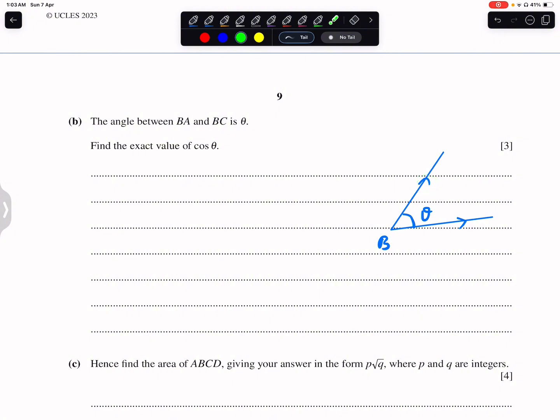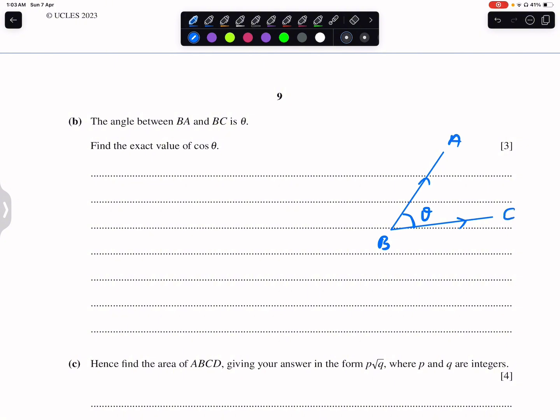Either the arrows will be away from the fixed point like this, BA, or the arrows are towards the fixed point. You cannot deal with it if one arrow is in this direction and the other arrow is towards B. Try to make arrows in the same direction.